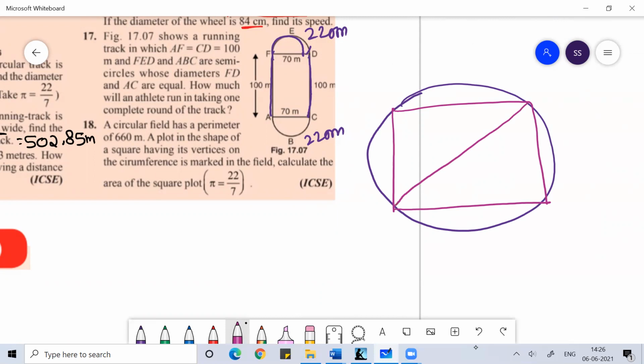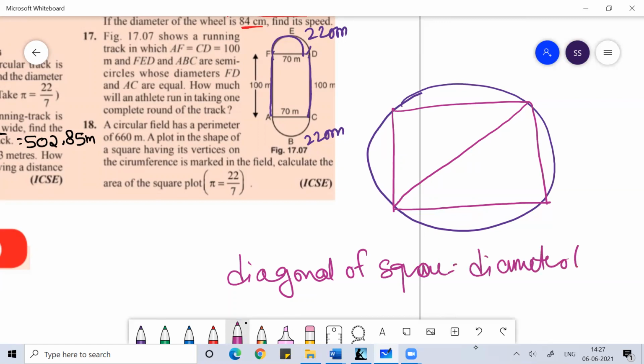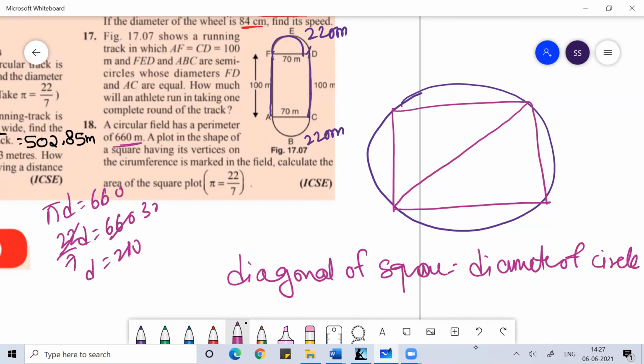Always remember this diagram: the diagonal of the square will be equal to the diameter of the circle. Perimeter is given, 660. So pi into d is 660. So 22 by 7 into d is 660, so d is equal to 210.